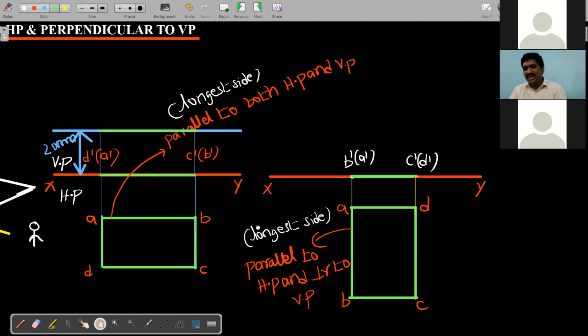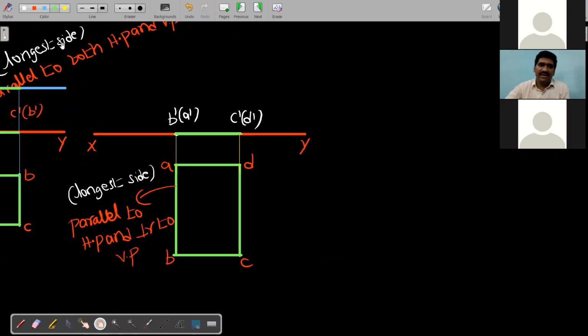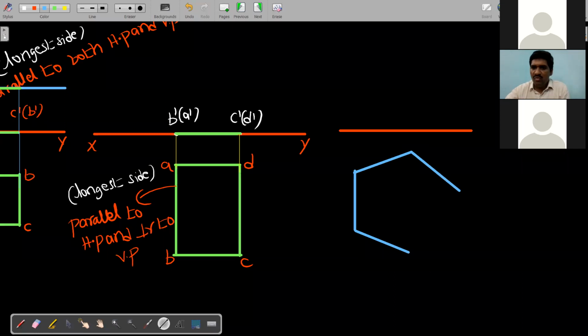No. The thing is, where we have seen the Pentagon, we are drawing the Pentagon in this way. Check it. 1 second, I will eliminate the confusion. So this is XY. We are drawing the Pentagon in this way, right? 1, 2, 3, 4, and this one is 5. Now this is the XY line.